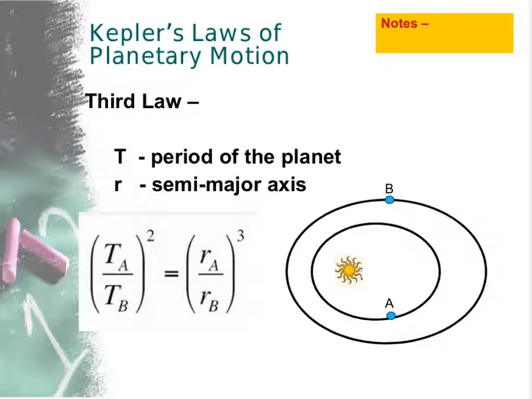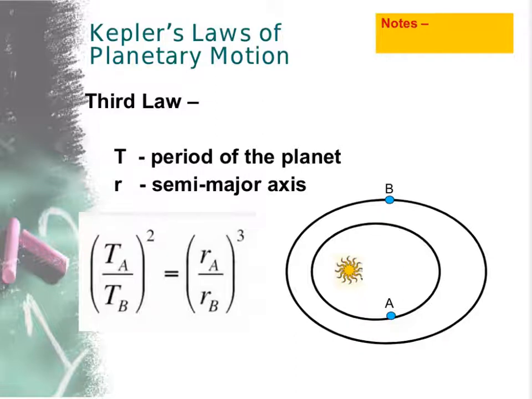Okay, there's a third law of planetary motion, and probably the best way to describe this is by actually using this equation. This equation says that if you have two planets going around the same sun, and you take the ratio of their periods, in other words, a period, if you remember back from circular motion, is the amount of time to go all the way around and back to your original spot.